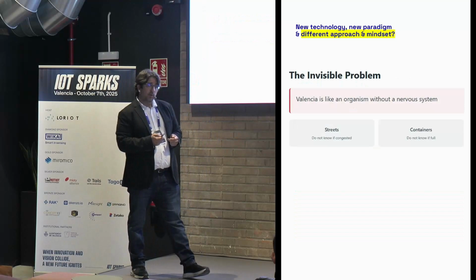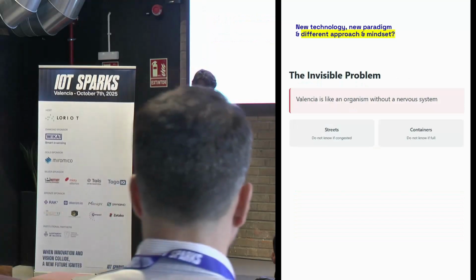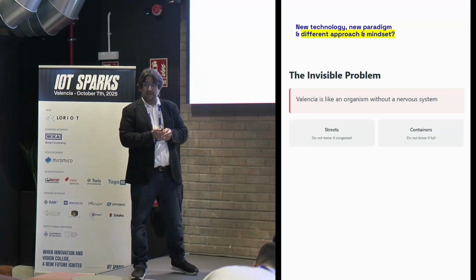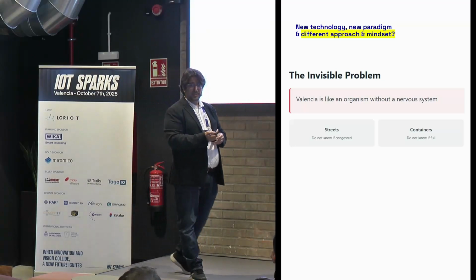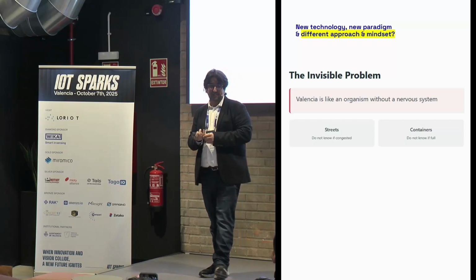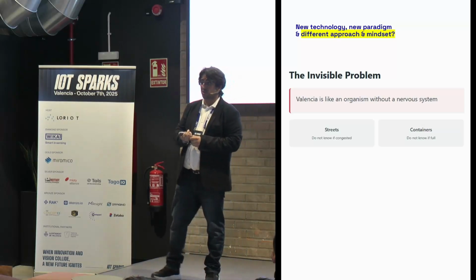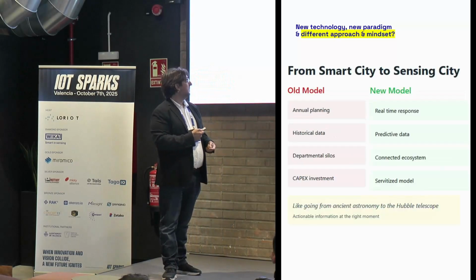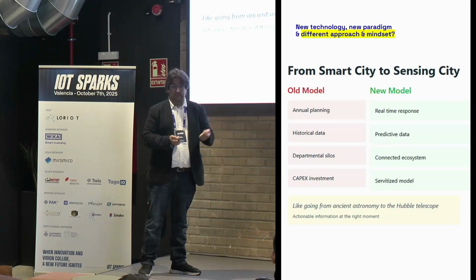Sometimes when we look at the cities, we have many potential use cases. I have a friend here who always asks me, what I miss are the use cases. Which are the problems? Because if you have a solution, you are not going to listen to the problem, and you are going to sell your solution by default. So these are the things that we need to listen to from the cities or the potential customer.